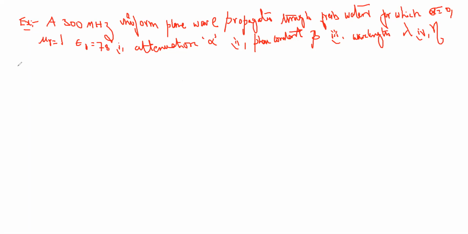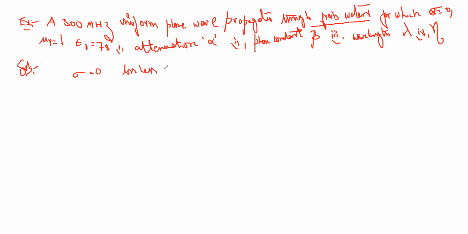So to find the attenuation constant, first of all, the given medium: the wave propagates through fresh water. They are saying it is fresh water, in which the conductivity is 0. Assuming that the conductivity is 0 means that it is a lossless medium.